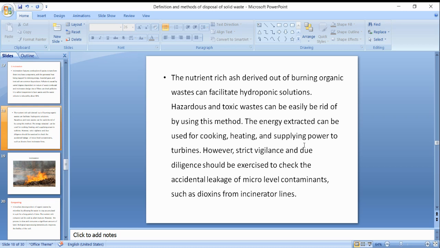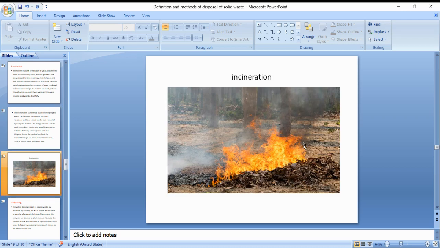However, strict vigilance and diligence should be exercised to check accidental leakage of micro-level contaminants such as dioxins from the incinerator line. Here we are burning the waste, and the heat is generated, and the toxic materials are burnt off.